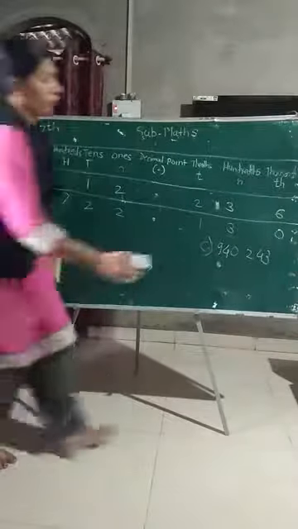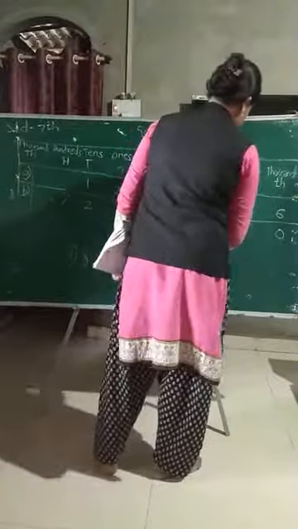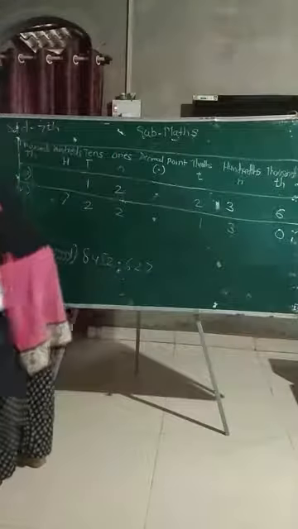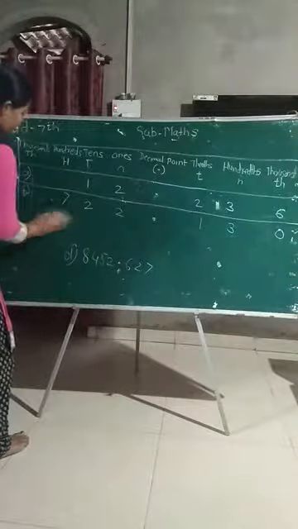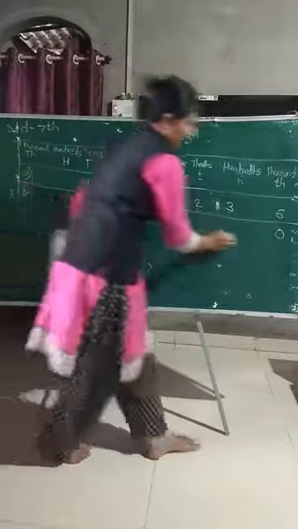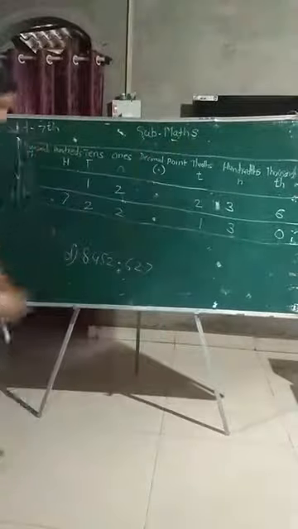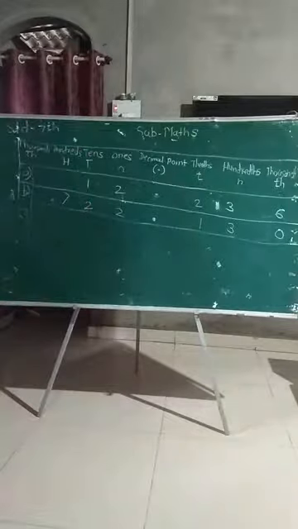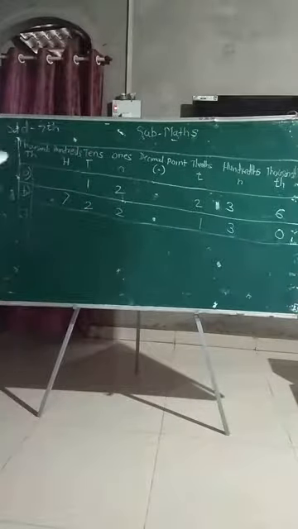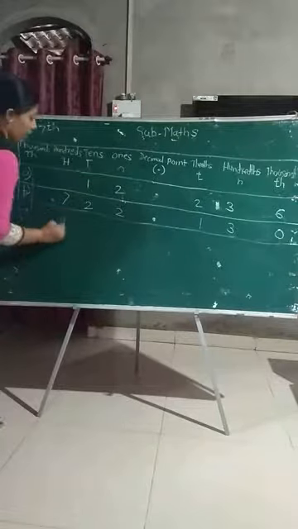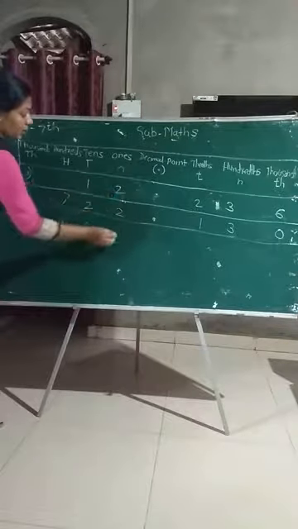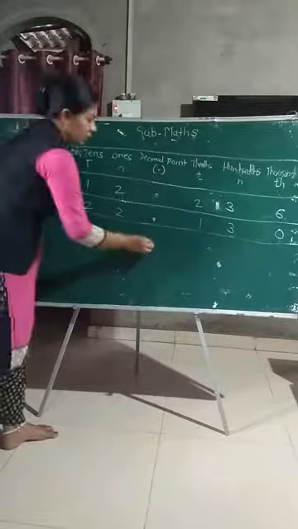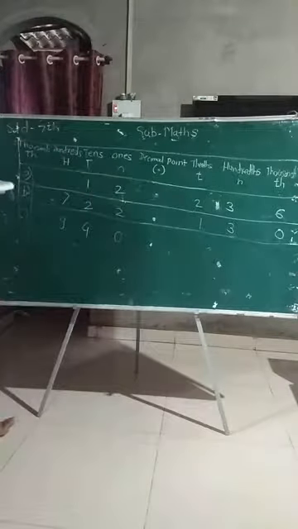There are also 3 digits before decimal point and 3 digits after decimal point. Whole number part is 940. So write in hundreds place 9, in tens place 4, in ones place 0. Point, then 243.